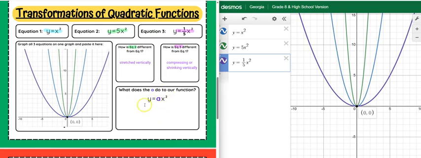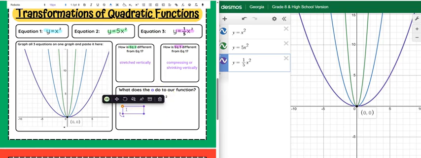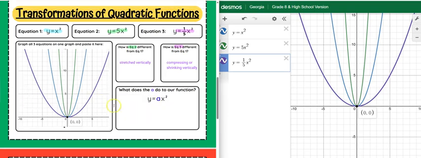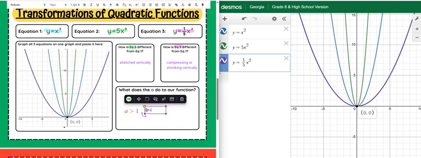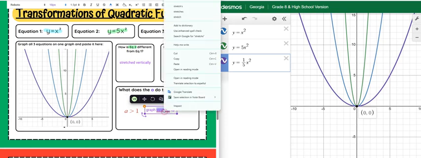All right, so what does A do? If A is greater than 1, our graph stretches up.